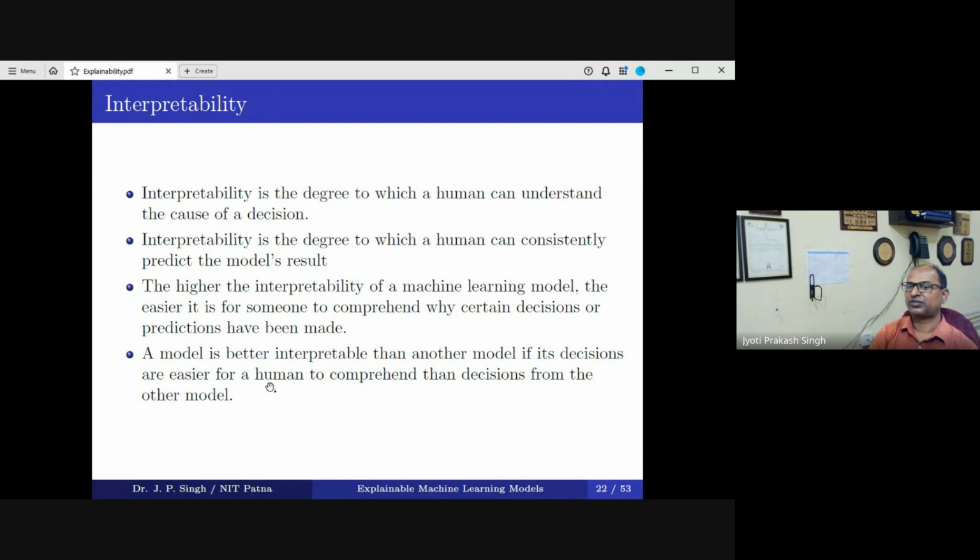If a model's decisions are easier for a human to understand, then we say that model is better interpretable. We can make a model interpretable in several ways. If I have made the same model interpretable in two different ways, and one of them is easier, then obviously that way is more interpretable. That's what the last line is saying.